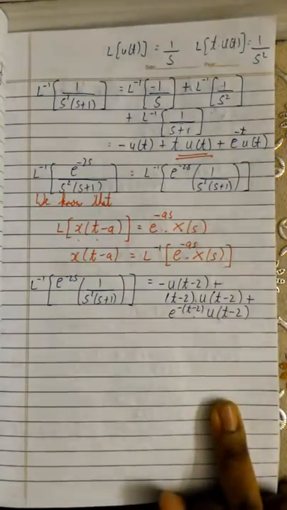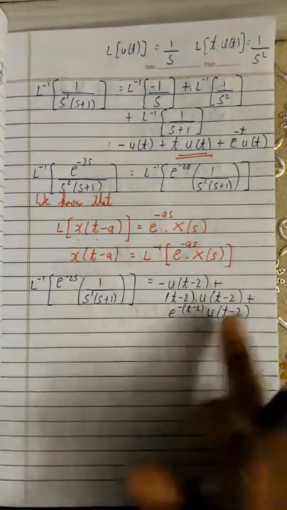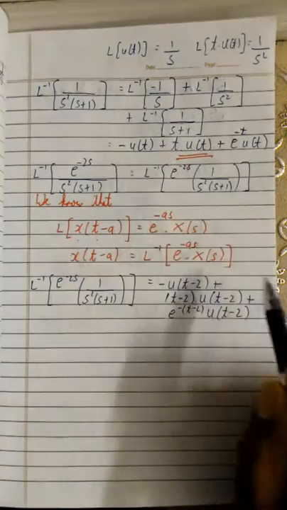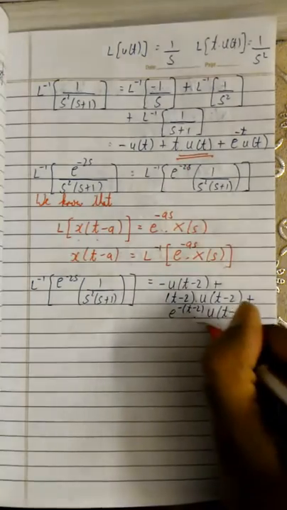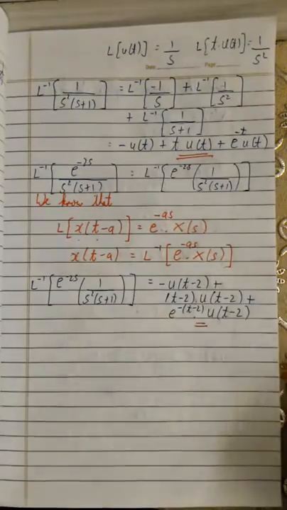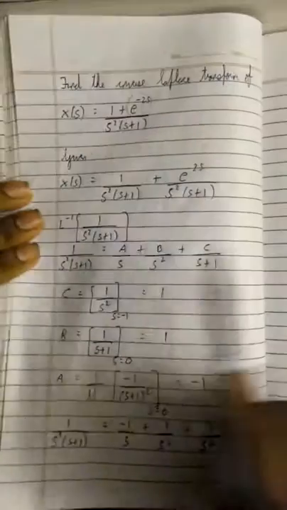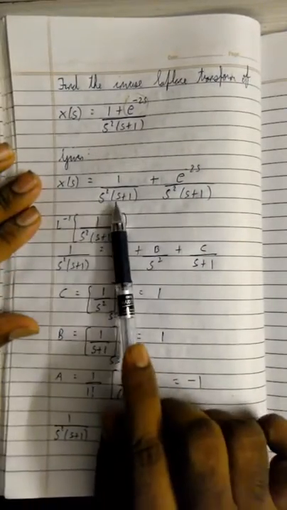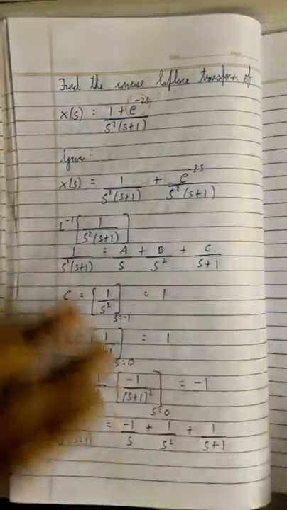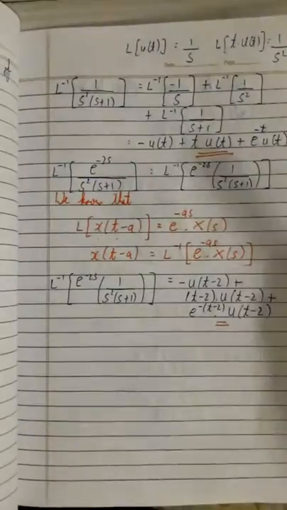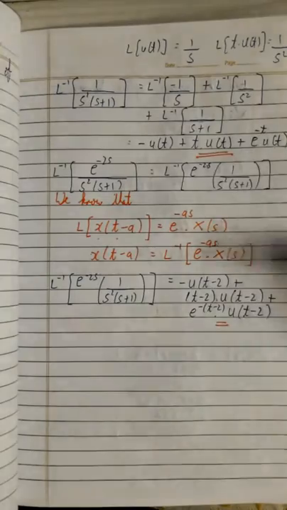See? So now I have found the Laplace inverse of the first term, and I have found the Laplace inverse of the second term. So my final answer is the Laplace inverse of this plus the Laplace inverse of this. Simply add these two answers.